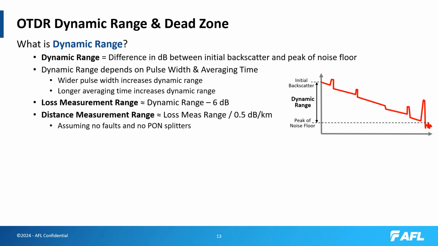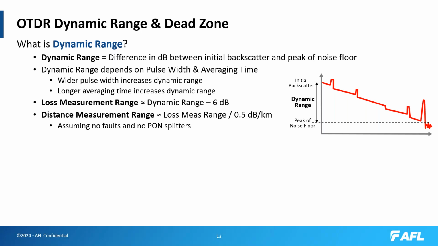Dynamic range depends on pulse width and depends on averaging time. Wider pulse widths increase the dynamic range, and longer averaging time reduces noise, so it also increases dynamic range. How do I turn that into something that's useful to me? Well, what I care about is how much loss I can have in my network. So what's my loss measurement range based on dynamic range?